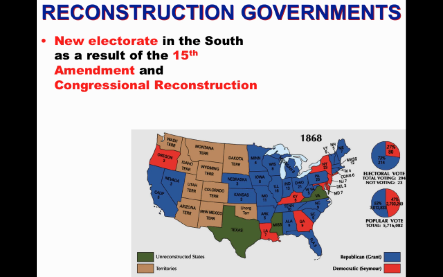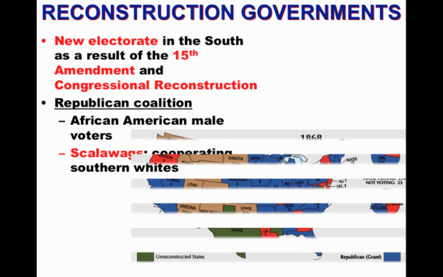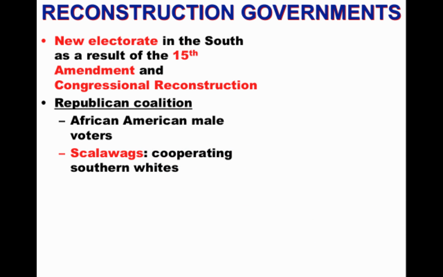And a big part of these Reconstruction governments was the fact that you have this whole new electorate, African American men, as a result of the 15th Amendment and the process of Reconstruction. Grant's going to win Southern states as a Republican candidate in 1868. And this Republican coalition is a mixture of African American male voters, Scalawags, which were cooperating Southern whites.